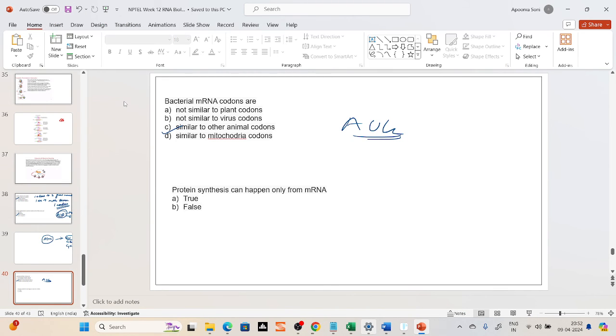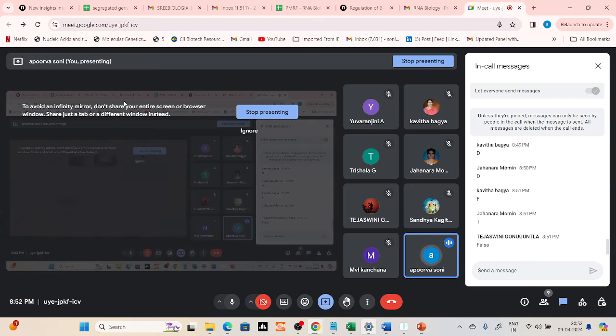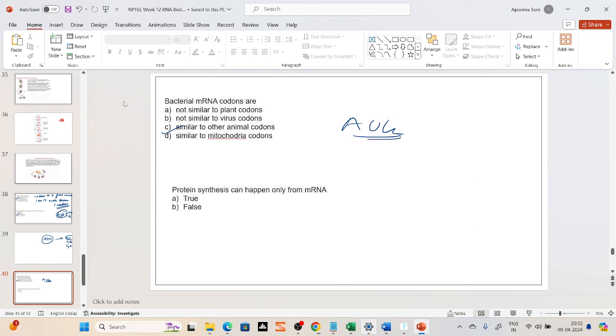See, protein synthesis can happen only from mRNA. Other RNAs also help in protein synthesis. That is true. tRNA also has a role, rRNA also has a role.